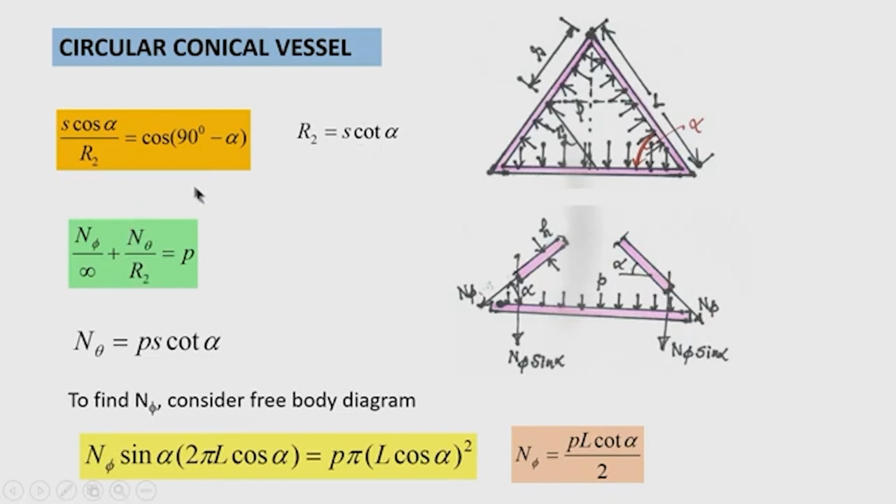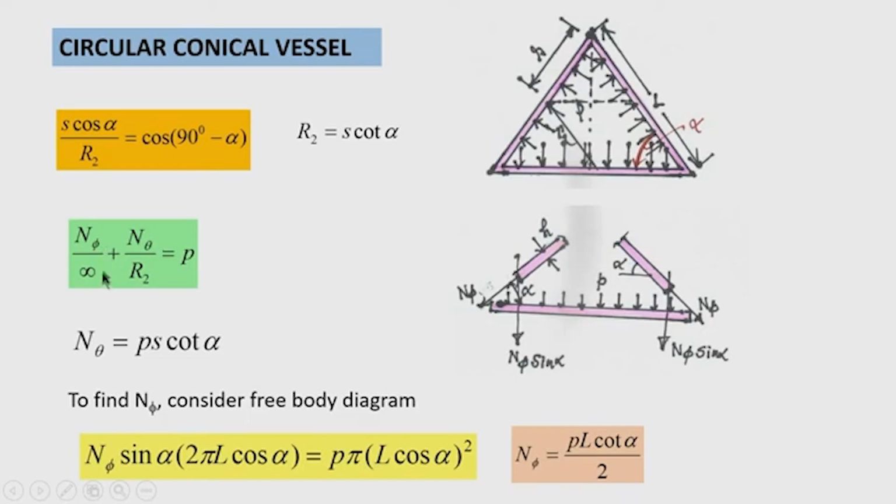Now, we make use of the relation n phi by R 1 plus n theta by R 2 equal to p. You have already noted that one of the principal radii is infinity, that is R 1 is infinity, since the meridional curve is a straight line.